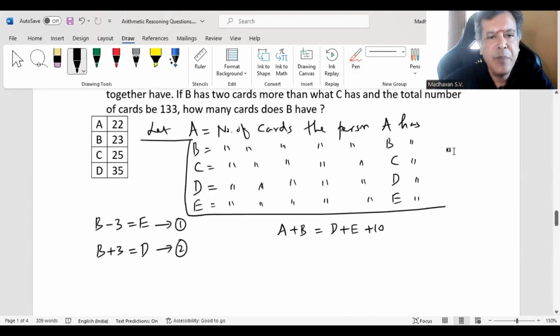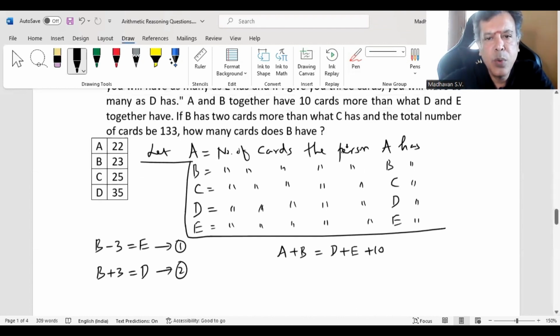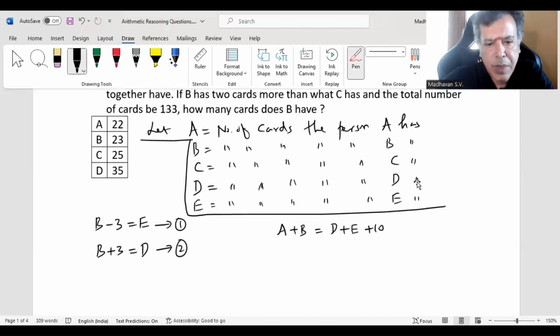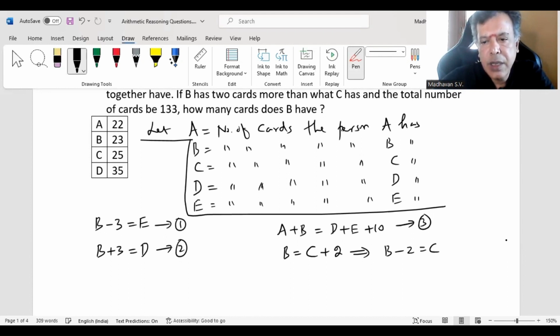If B has 2 cards more than what C has, which means B equals C plus 2, we can rewrite it as B minus 2 is C. Let us consider this as equation 3, this as equation 4.